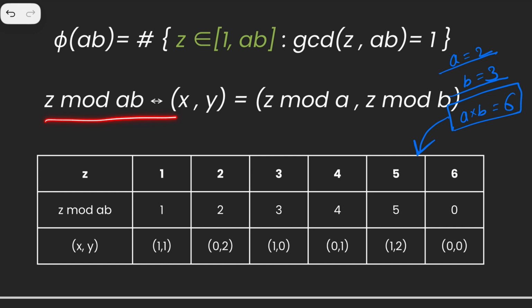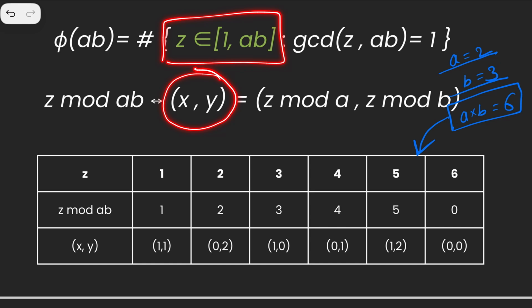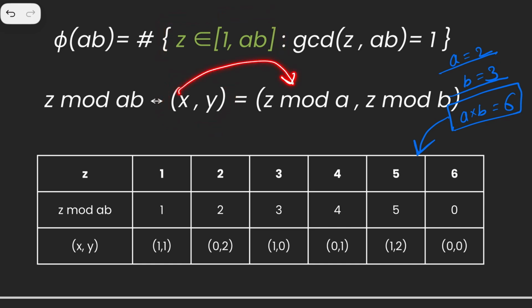So if you have a bijection, a 1-to-1 mapping between z mod ab and x comma y, rather than counting the numbers in this particular range, you can directly count the pairs x comma y, where x is z mod a and y is z mod b. So rather than computing the value of z directly, you can just compute x comma y.